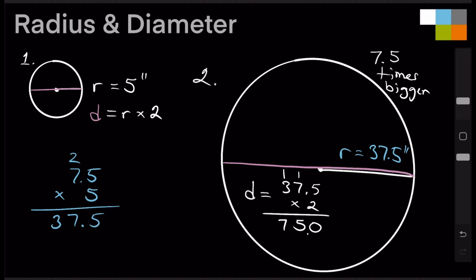And there we go. The radius of this very large circle is 37.5 inches. The diameter is 75 inches.